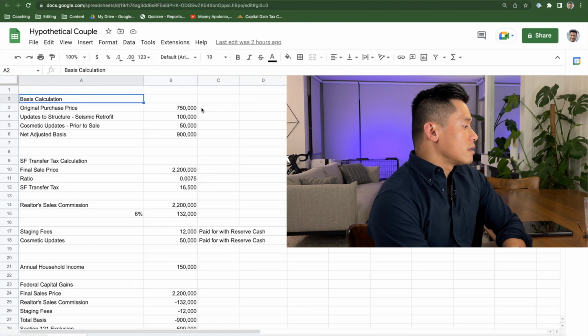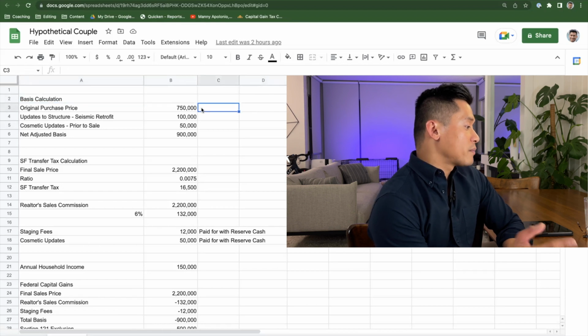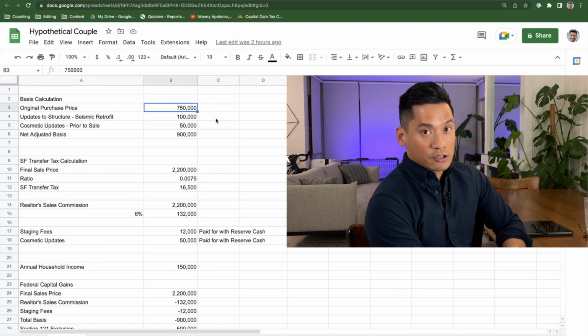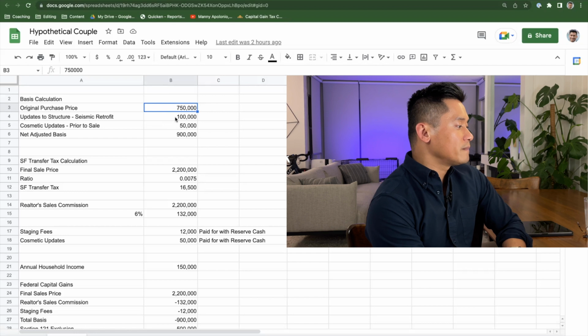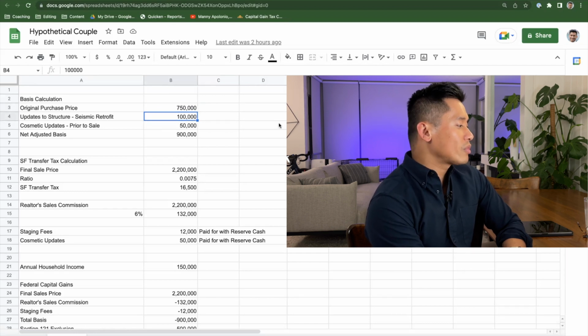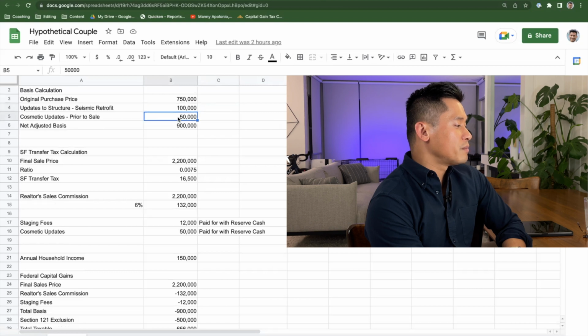So this specific client, our hypothetical client, bought the house in 2000 for $750,000. And like I told you, they did the seismic retrofit of $100,000. I don't think I told you about the $50,000.